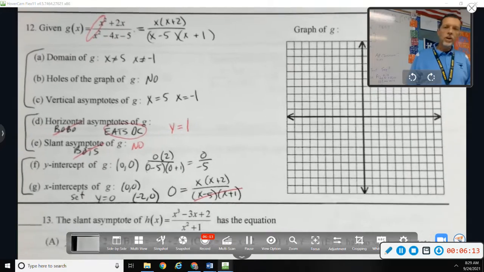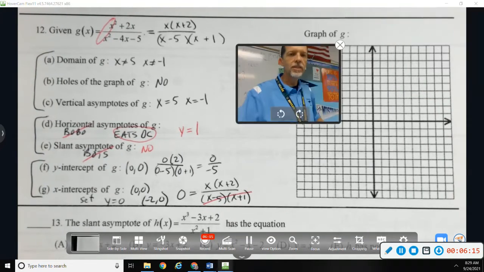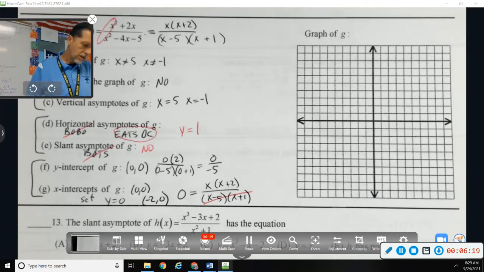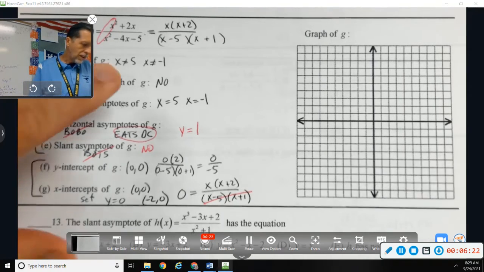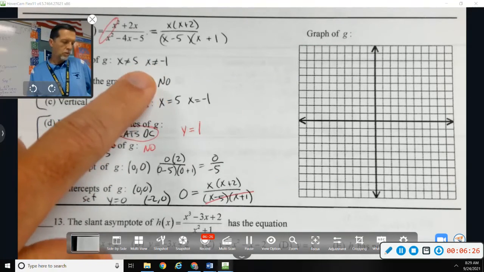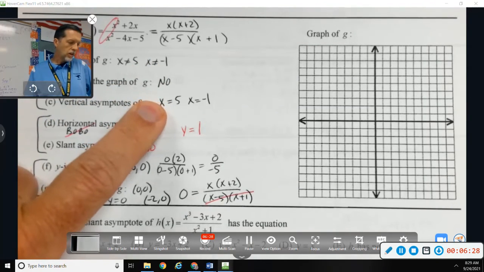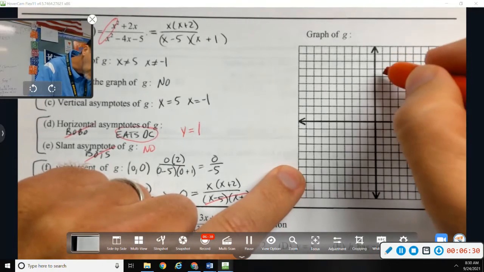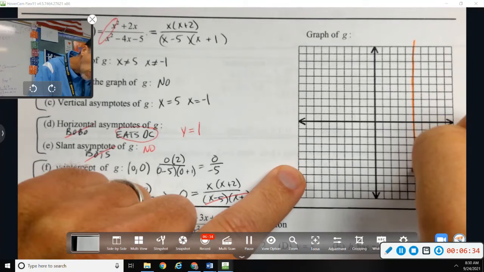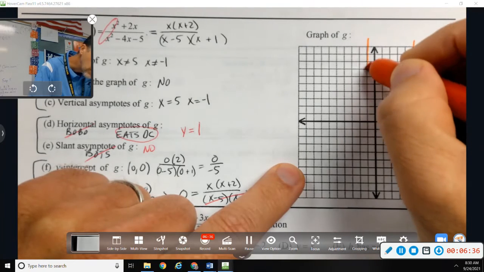So let's put all of that stuff on our graph and see what we know. So domain can't be 5 or -1. That doesn't really go on the graph, at least directly anyway. No holes. Vertical asymptotes at x equals 5 and x equals -1.